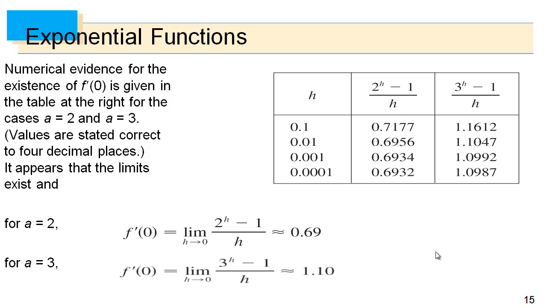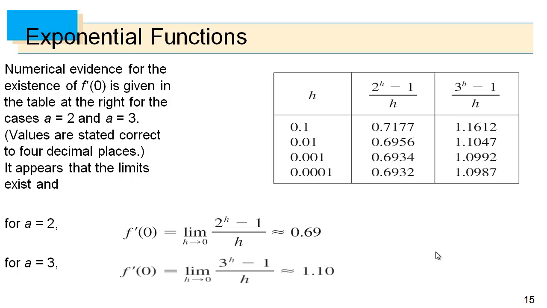Okay, we can do some investigation. We're trying to prove that the existence of this f prime of 0 works everywhere. So we can try it with different bases. We can let a be 2 and then see what we get. Let a be 3 and see what we get. When a equals 2, this f prime at 0 ends up being roughly 0.69.